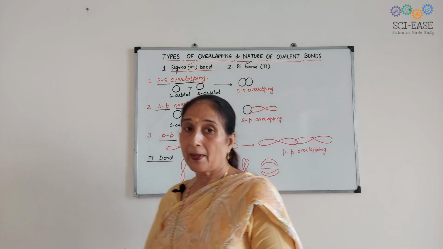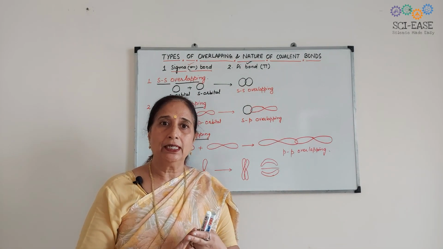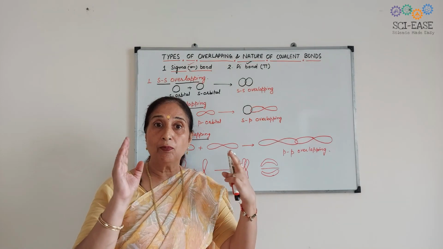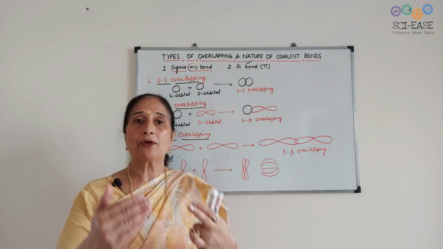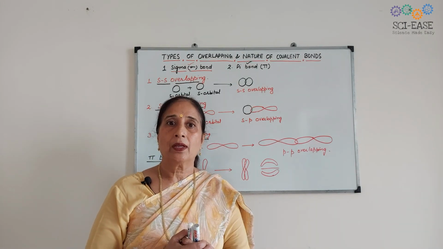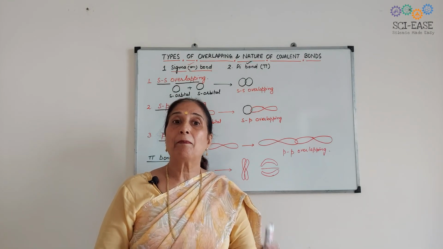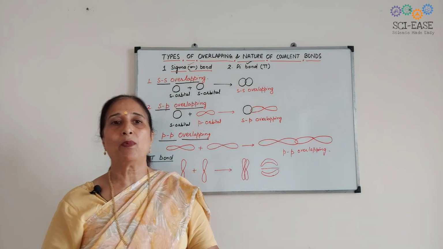And one thing I want to tell you, that whenever we discuss molecules in which there is multiple bonding, means a double or triple bond is there, okay? In that case, you must remember that pi bond is in addition to the sigma bond.